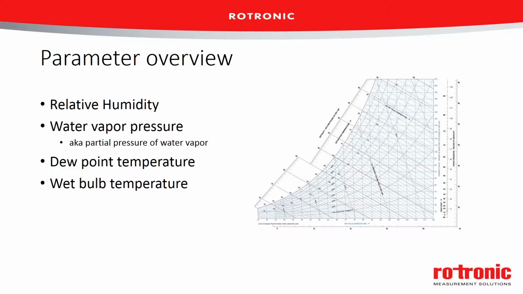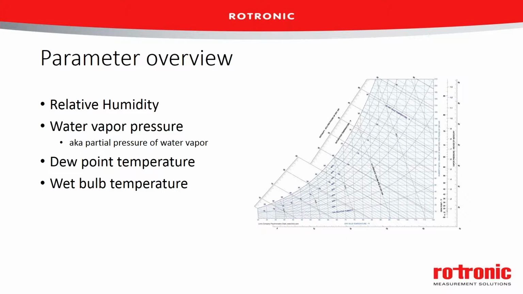Water vapor pressure, or partial pressure of water vapor, is an absolute measure. It tells us how many water molecules, or how much water vapor by mass, is actually present. And there's a technology we'll talk about that measures that. Dew point temperature is the temperature at which a moist gas is saturated over a plane of pure liquid water. Or in more layman's terms, it's the temperature at which water vapor condenses as you gradually lower the air temperature.